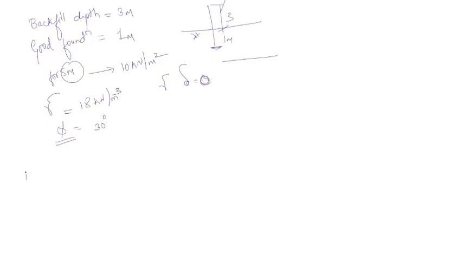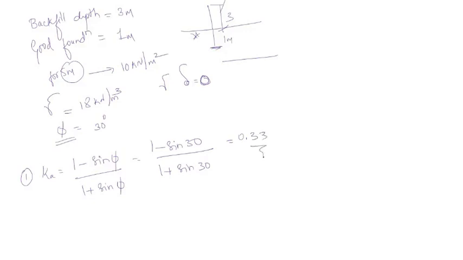The first step is finding the active earth pressure. Ka is given by 1 minus sine phi divided by 1 plus sine phi. Substituting, 1 minus sine 30 divided by 1 plus sine 30, we get 0.33.